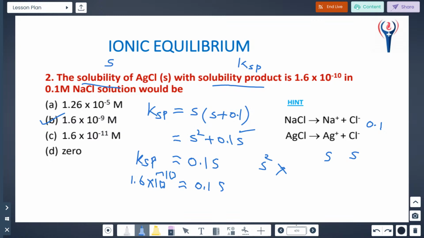If only AgCl is given, we can find it directly, but if AgCl is in sodium chloride solution, then we should add: S plus 0.1. So S into S is S square, and S into 0.1 is 0.1 S. Compared to 0.1, S is very, very small, so we neglect that. Therefore S is equal to this when 0.1 goes to the denominator, and when you simplify, we get this answer. Are you following? Okay. Now next one.